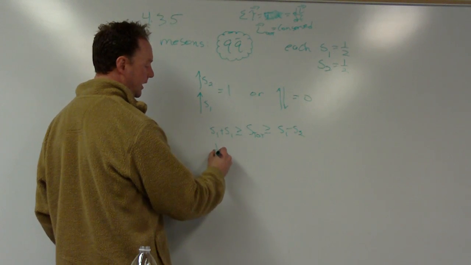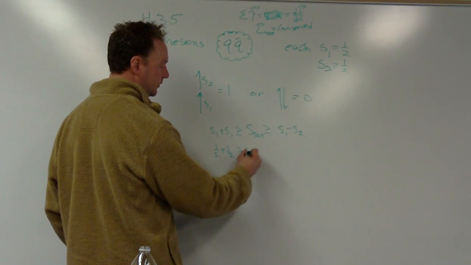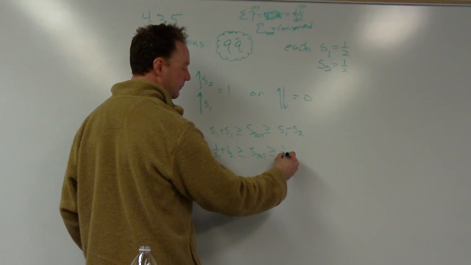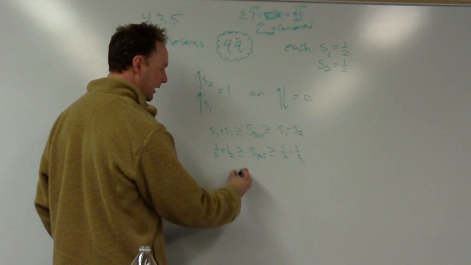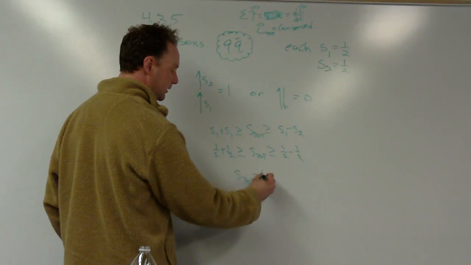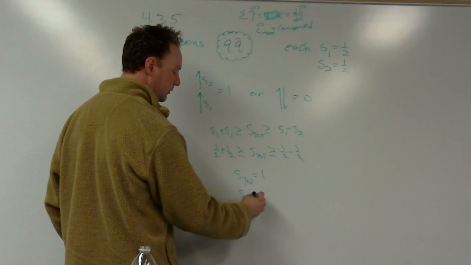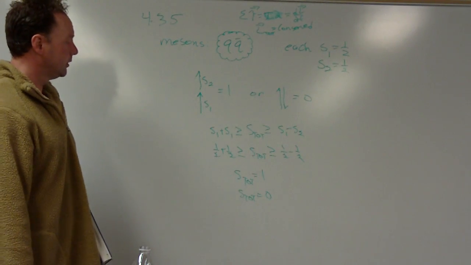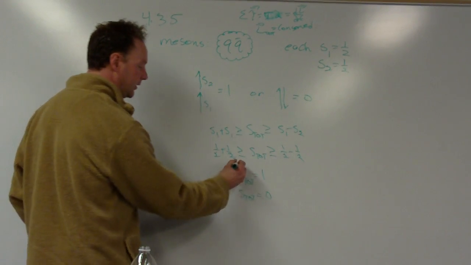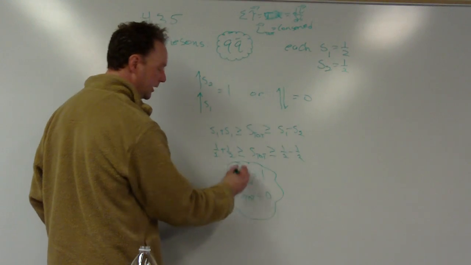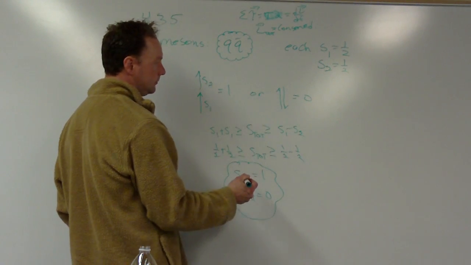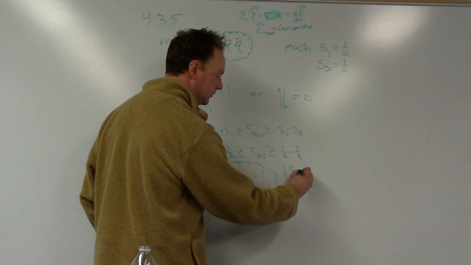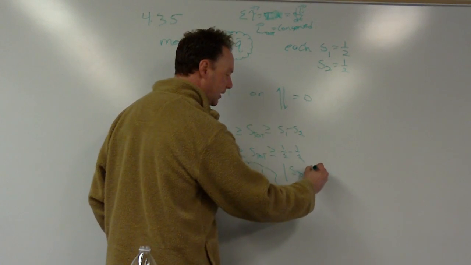So this is going to be a half plus a half is greater than or equal to S total, which is greater than or equal to a half minus a half, which means that S total can equal 1, and S total can equal 0. All right, so this is the total angular momenta. If we want, we can write this as S total, and then M_S total.